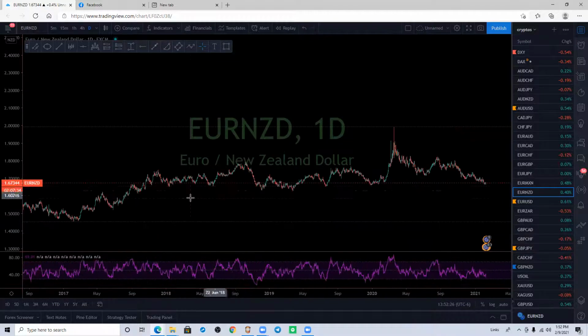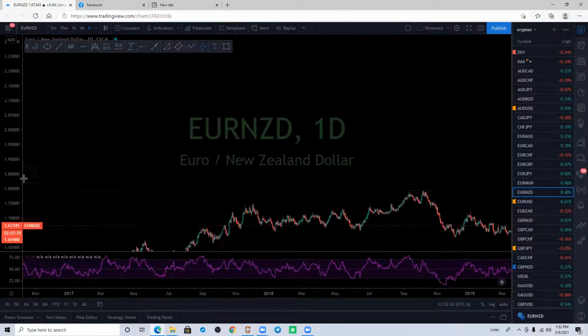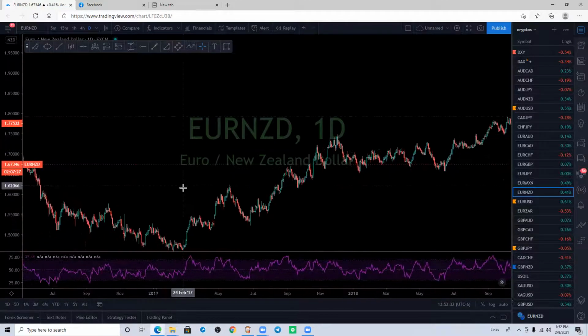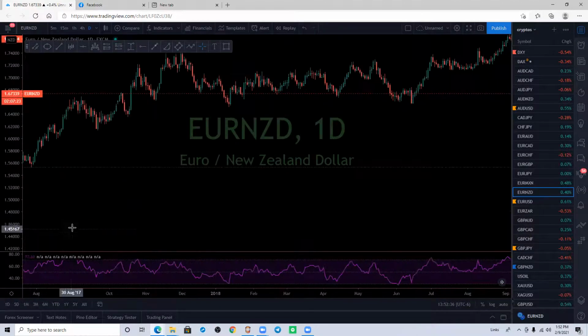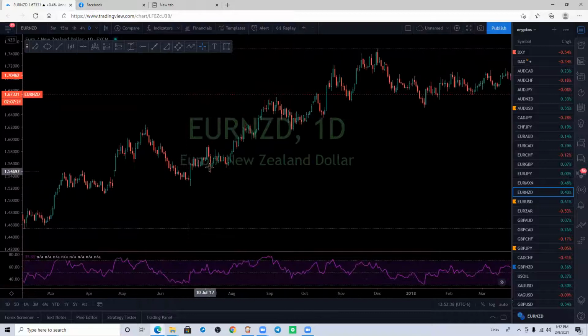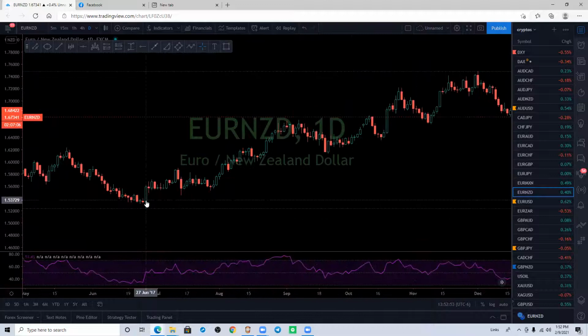So earlier we learned in the first video about engulfing candles, selling power going down in red, and a blue candle going up.